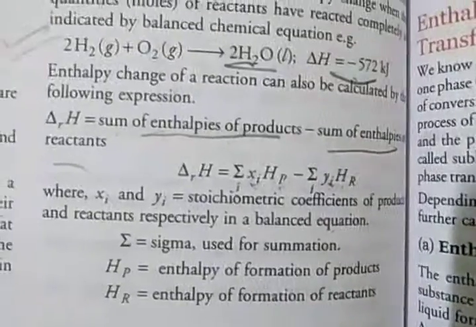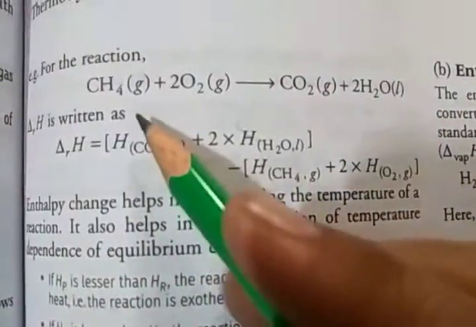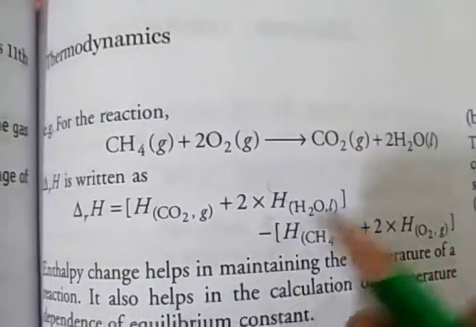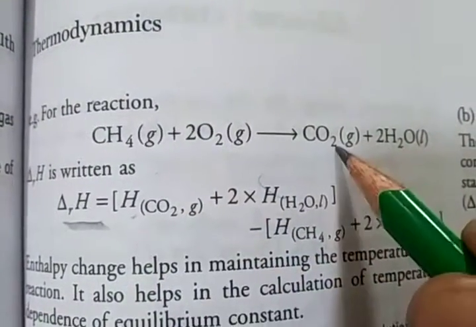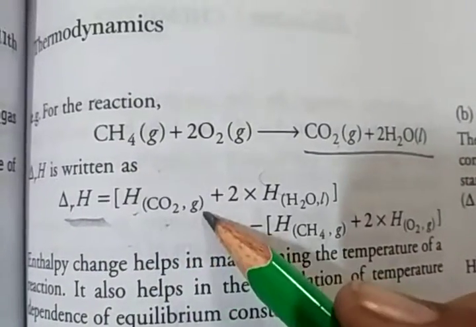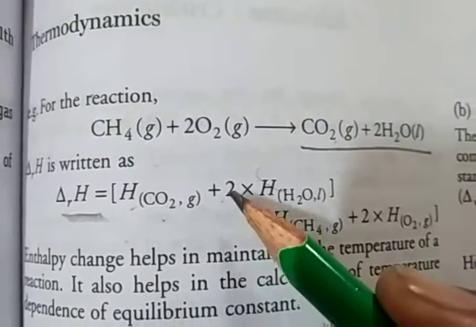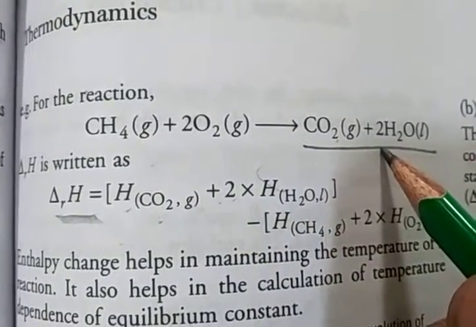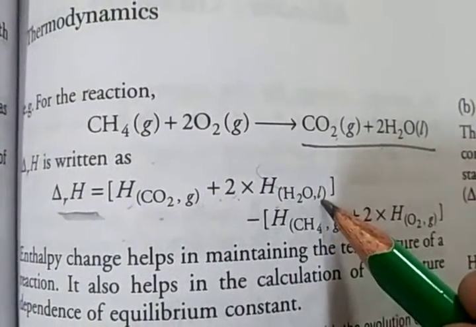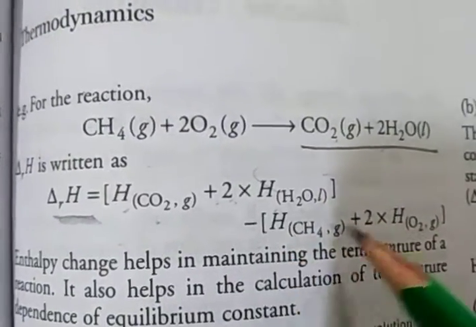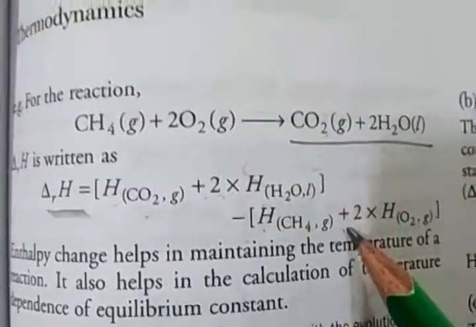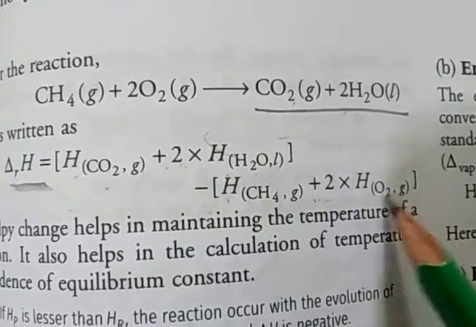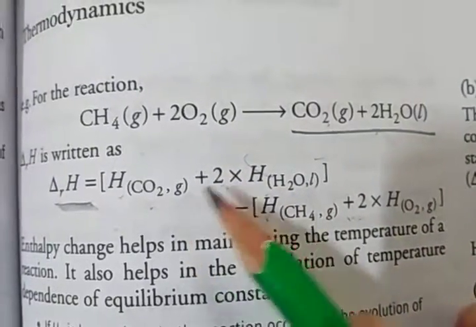For example, for the reaction CH4 gas plus O2 gas converting into CO2 gas and water, we write delta rH: first the products, the enthalpy of CO2 gas plus 2 into H2O liquid, since there are 2 water molecules, then minus the sum of the enthalpies of the reactants, CH4 gas plus 2 into O2 gas. This is how it is written.